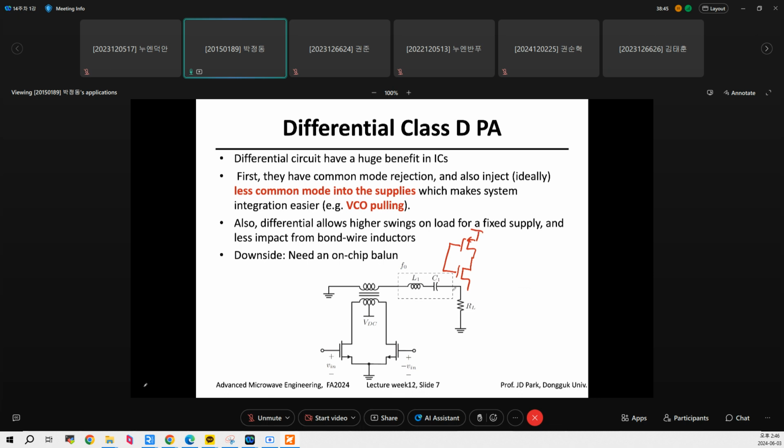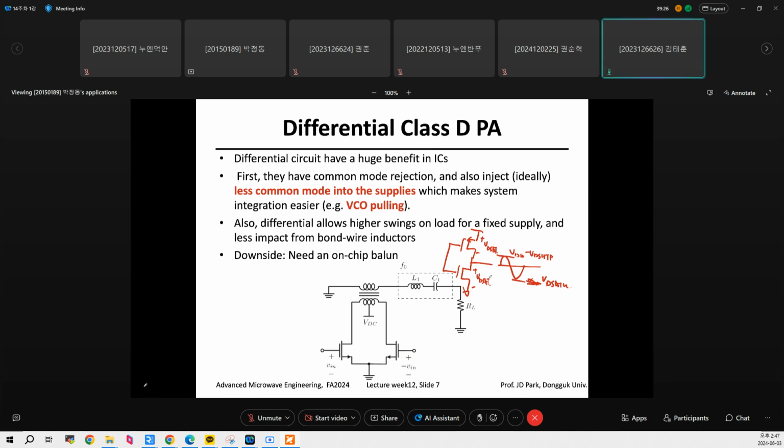Basically, this has a VD set, and this also has a VD set. So the swing is VDD minus VD set P, and zero plus VD set N. Therefore, the deliverable power is also limited.